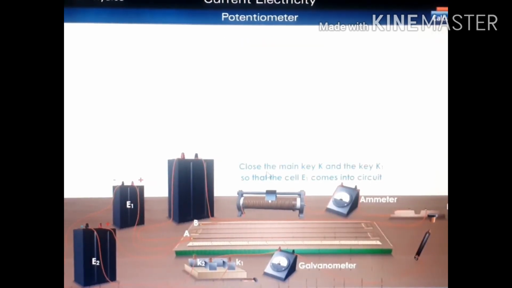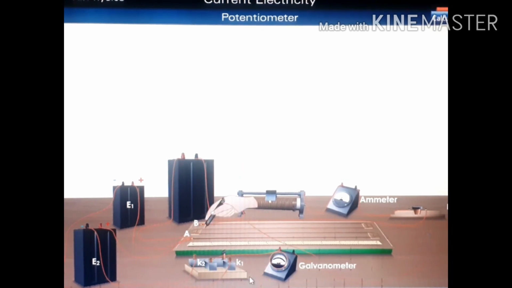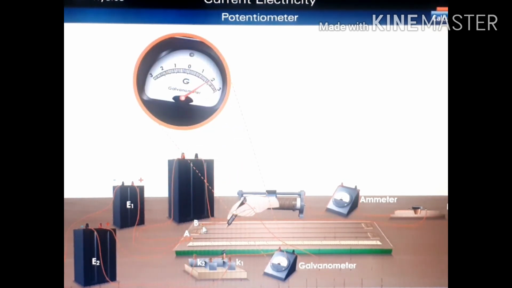Okay, now we are going to close the main key K and K1 so that cell E1 comes into the circuit. And then after we slide the jockey on potentiometer wire and we obtain the point P at which galvanometer shows zero deflection.